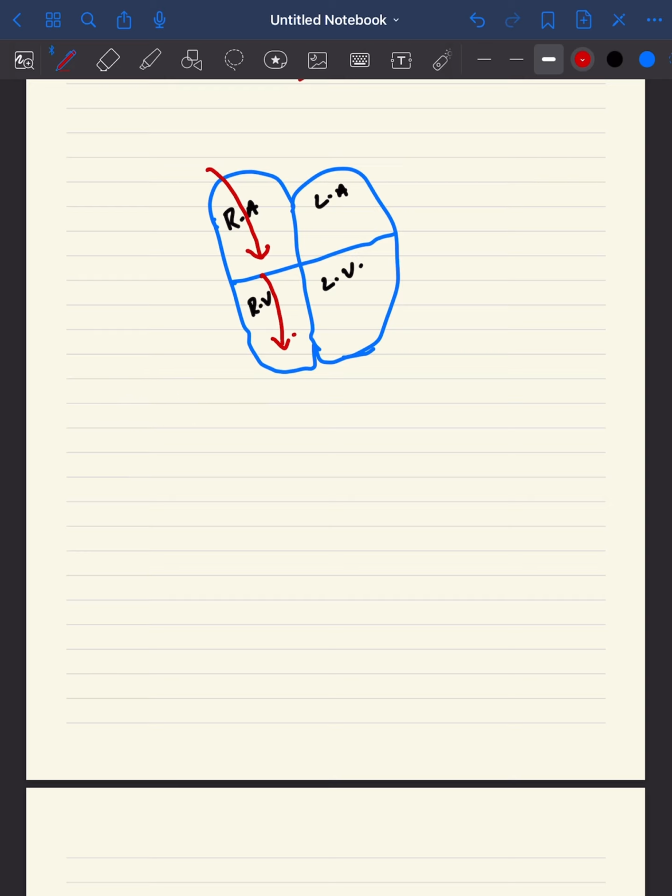Because of the increased return, the right ventricle starts to bulge towards the left ventricle. Because of this bulge, left ventricle volume decreases, so left ventricle output decreases. So this is normal physiology.